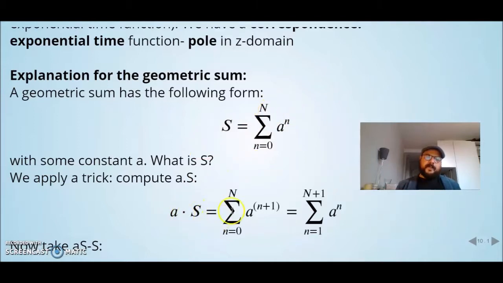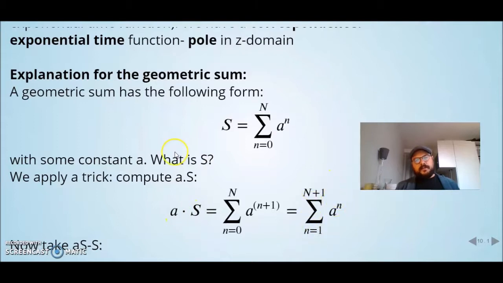So a will go inside here, and there will be a summation with a to the power of n plus 1, and this is the same as if we do the summation from n equals 1 until capital N plus 1. So this is the original geometric sum. We multiply this by a, and we will obtain this.